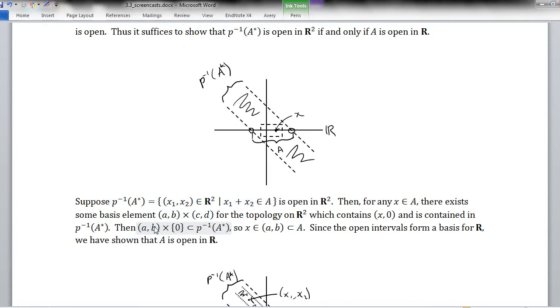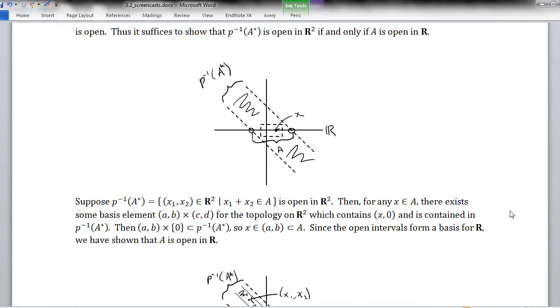So that means that whatever the first coordinate is, anything between a and b has to be contained in A. So we get that the interval from a to b is a subset of A, and it contains x because the point (x, 0) was in this rectangle. In particular, the first coordinate x is contained in the first factor here, a to b. So we're done. These open intervals form a basis for R, so we've shown that A is open in R.